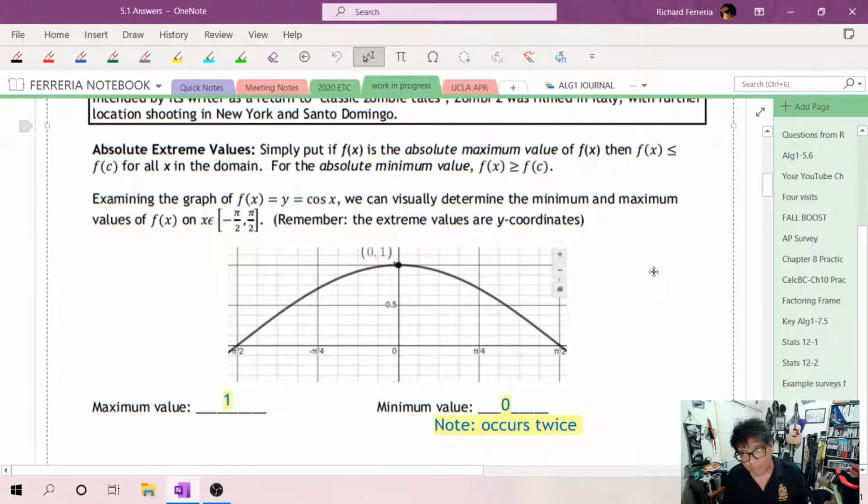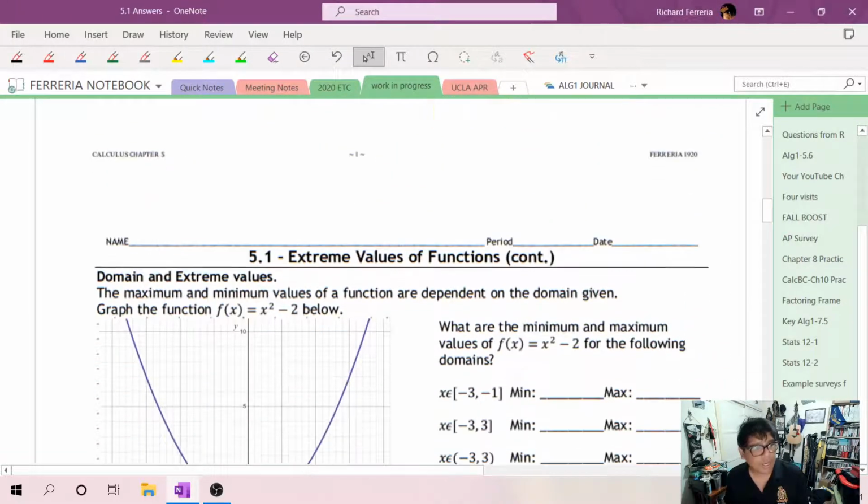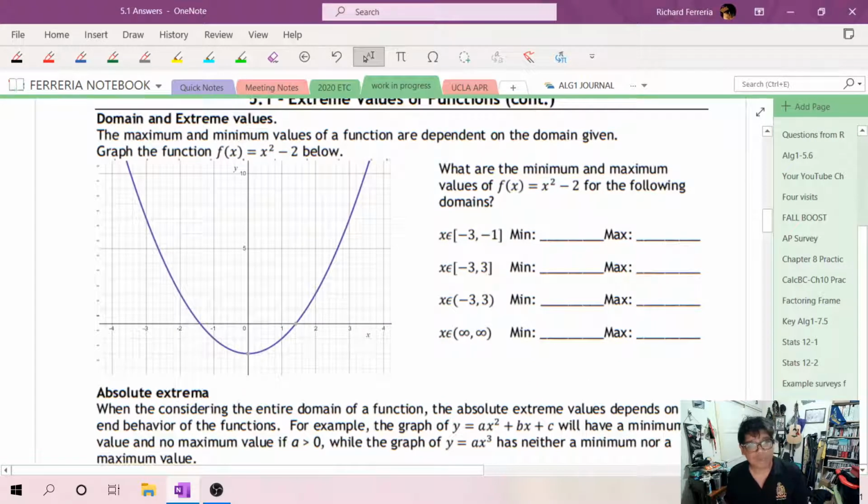Visually, that's not a big deal, and this is not the level of questioning we're going to expect in calculus. But if you don't get the idea of what it means to be a maximum or minimum, then you don't really understand this problem. So let's keep going.